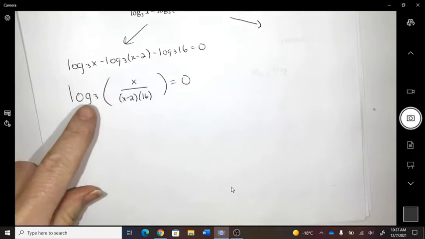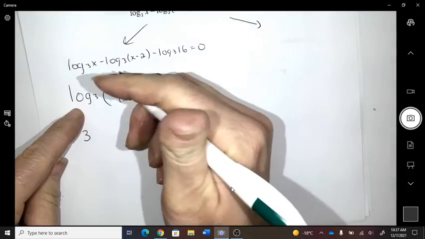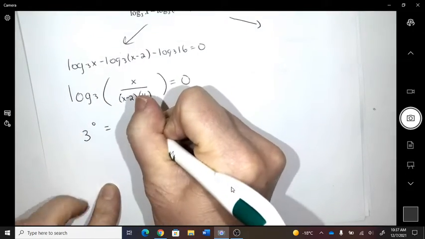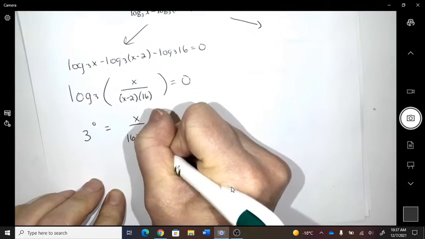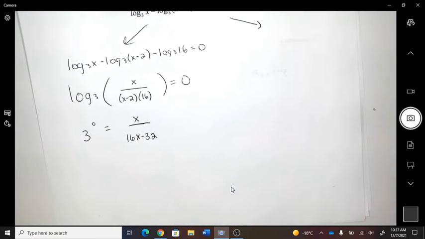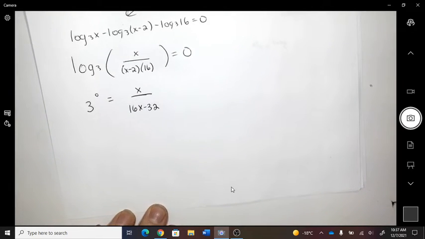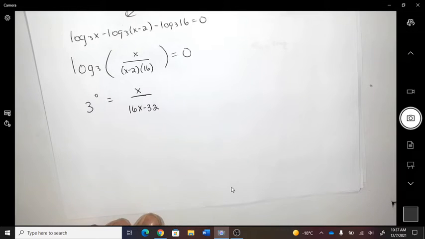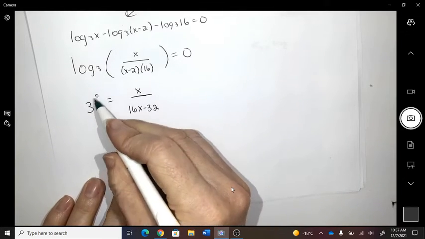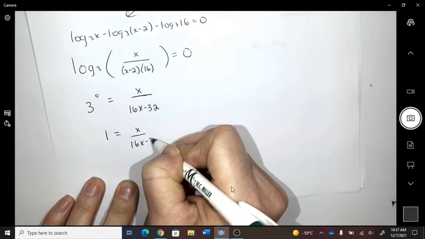So the base is 3 to the exponent 0 equals the result. What is 3 to the 0? That's just a 1.